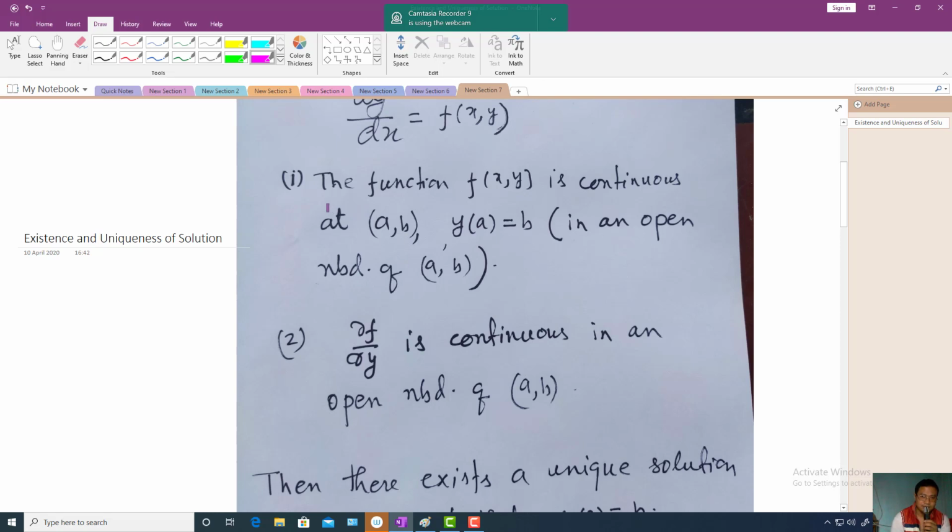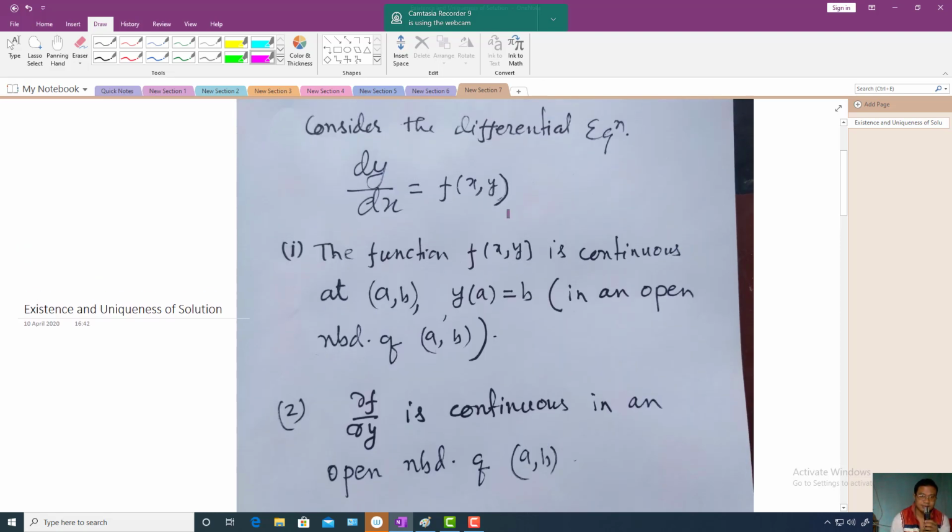initial value problem. First, let us see this example, dy by dx. First order differential equation, dy by dx, we can write the right hand side as a function of x and y. It is all about the property of this function. Suppose let us take an arbitrary point (a, b).